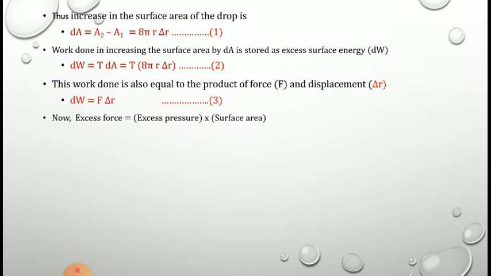Now excess force is equal to excess pressure multiplied by surface area, because the formula of pressure is force per unit area. Substituting, we get F is equal to Pi minus Po multiplied by 4 pi r square.